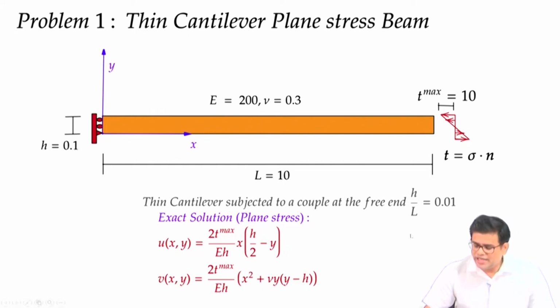So the h by L ratio is 0.01, that is, L by h ratio is 100. So it is really a thin beam, even though the picture is not drawn to scale.